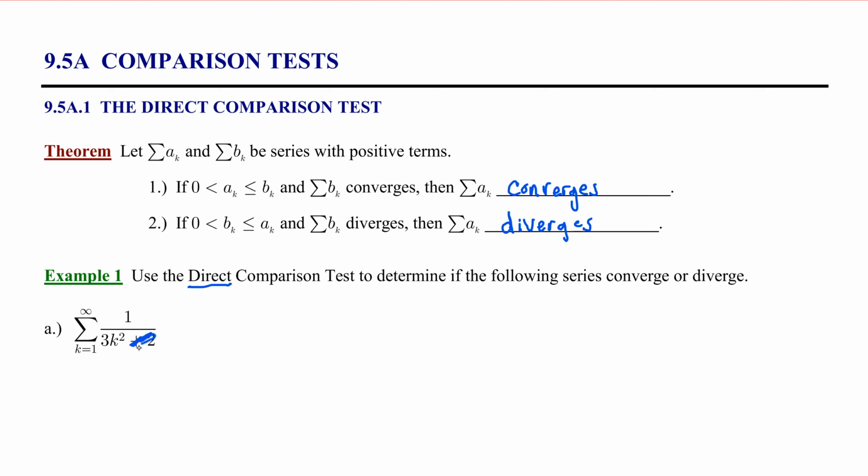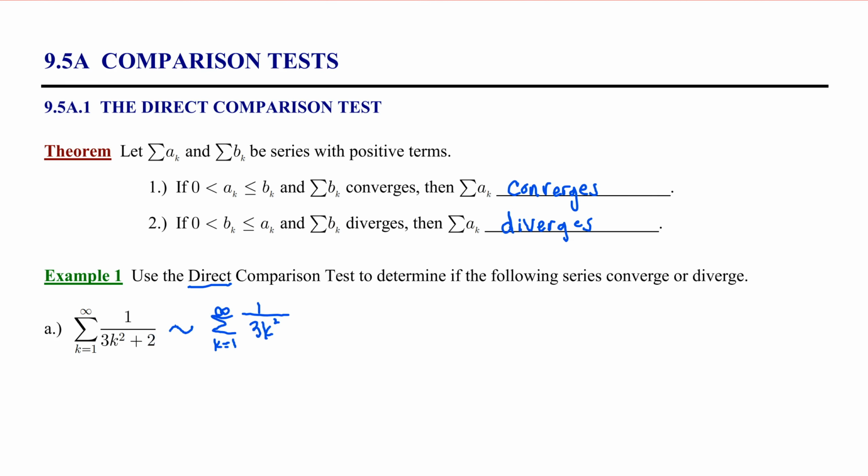Now, just for a minute, if that plus 2 were not there, if I could just cover it up and not think about it, then this would be similar to a p-series. We could compare this to the sum from k equals 1 to infinity of 1 over 3k squared. The little squiggle here simply means the series are similar or comparable.